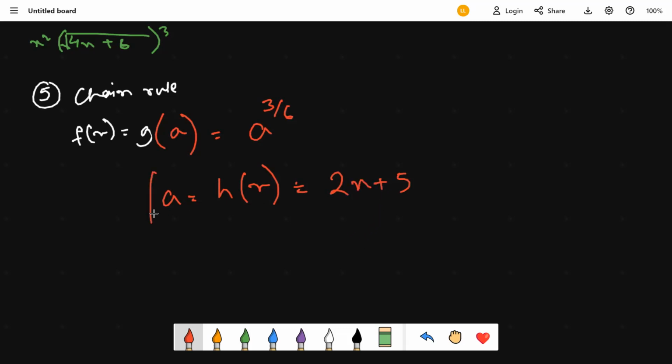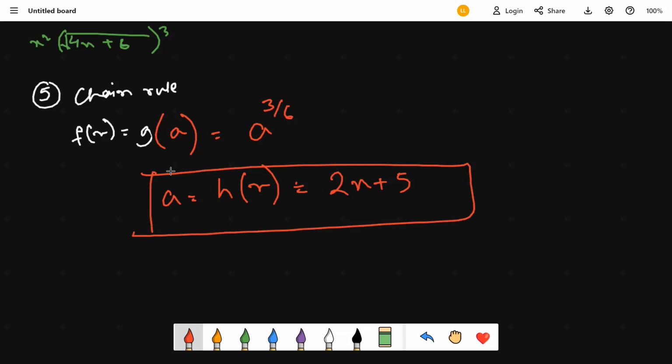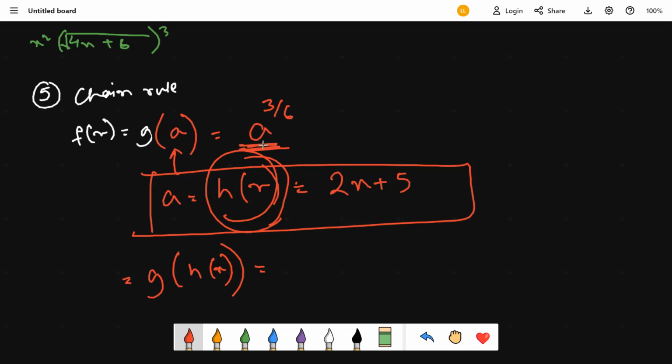That means if in place of a, we place h of x, what will happen? Simply replace that a with h of x, placing h of x inside g. In place of this a, we need to place h of x, so that's h of x whole to the power 3/6.